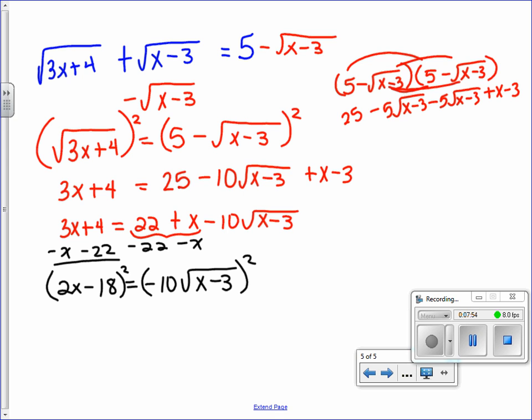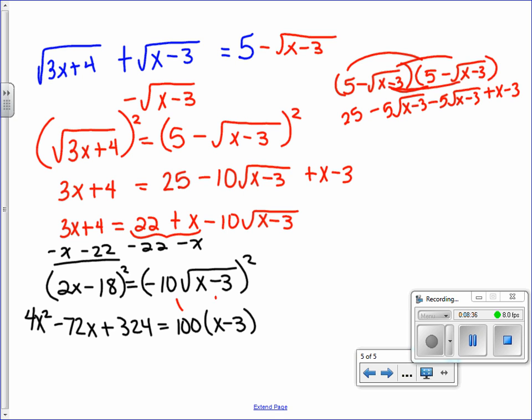Alright, so this is going to be 4x squared minus 72x plus, finish, where's this one? 18 times 18, 324. I was almost there. Ooh, got some big numbers here. Negative 10 squared is 100.